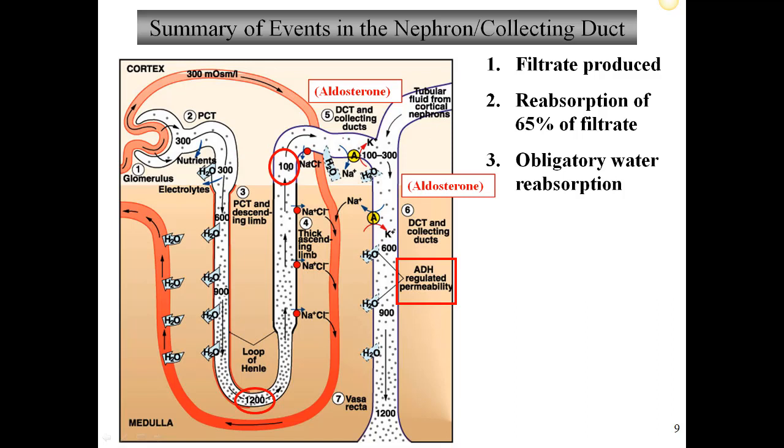The next thing that happens is obligatory reabsorption of water. That happens up here. And it also actually happens down here, although this is kind of a special case of it. In other words, water has got to follow salt in these areas. It has no choice. And then we have reabsorption of sodium and chloride by active transport. Now we're talking about number 4, which is right over here. And this is in the thick ascending limb of the nephron loop.